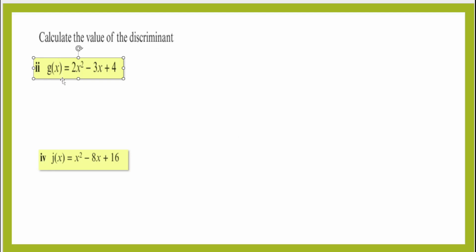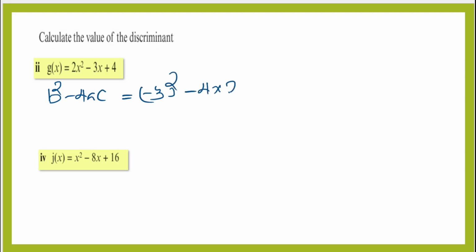Now calculate the value of the discriminant for g of x equal to x square minus 3x plus 4. That is, b square minus 4ac equal to minus 3 squared minus 4 times 1 times 4. That is 9 minus 16 equal to minus 7.